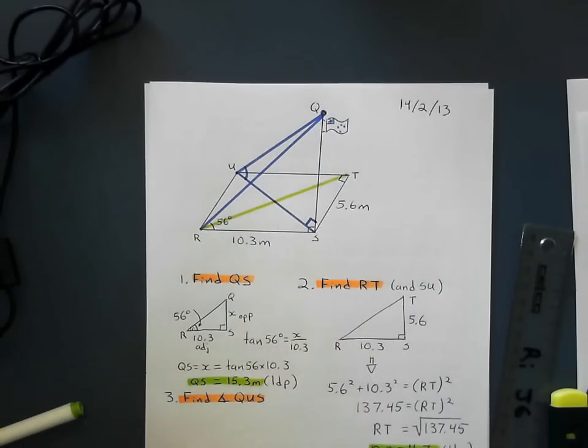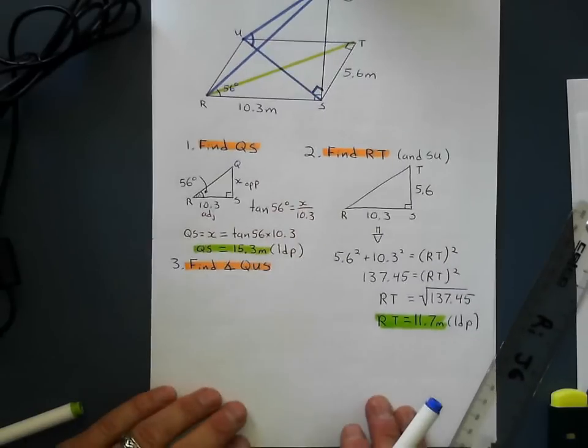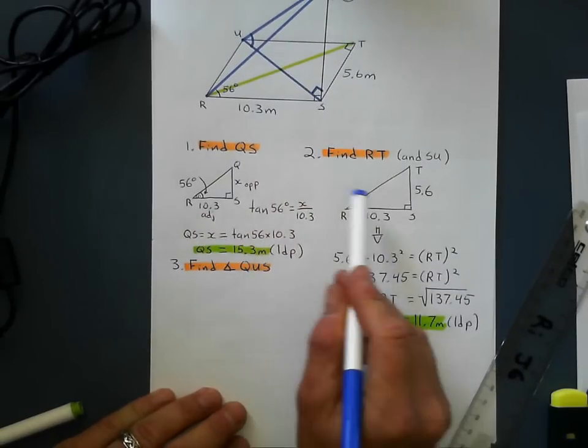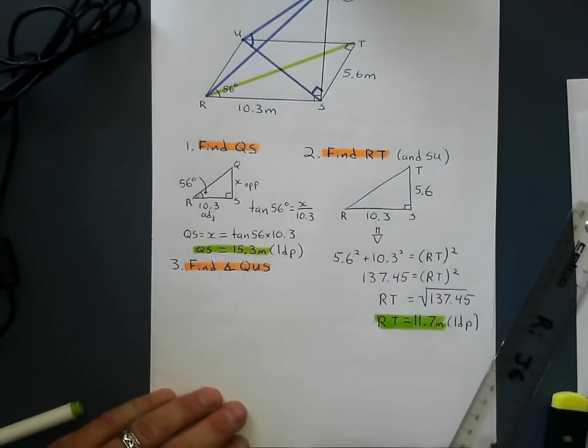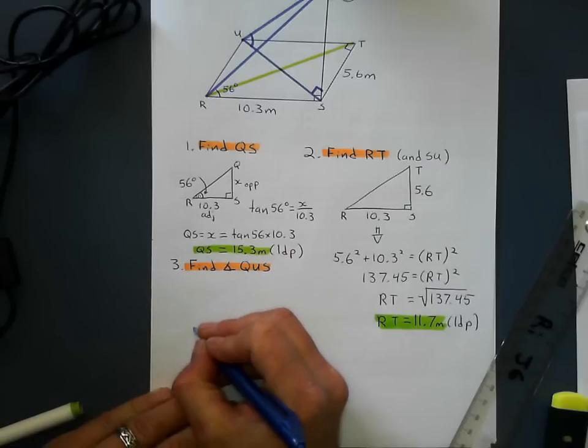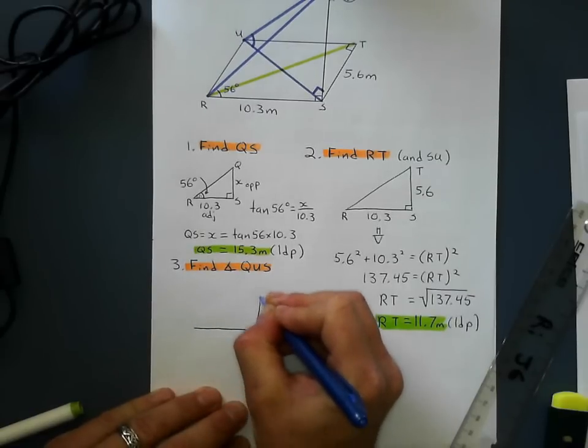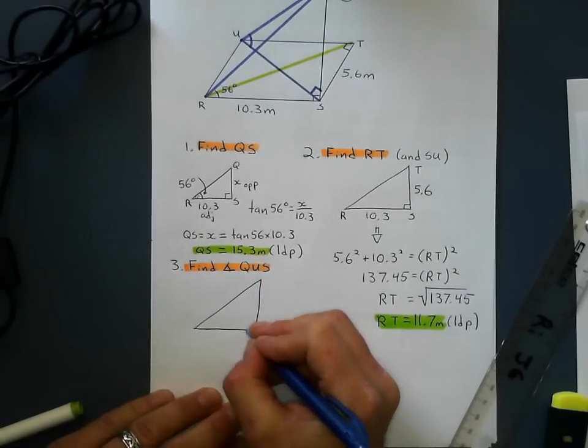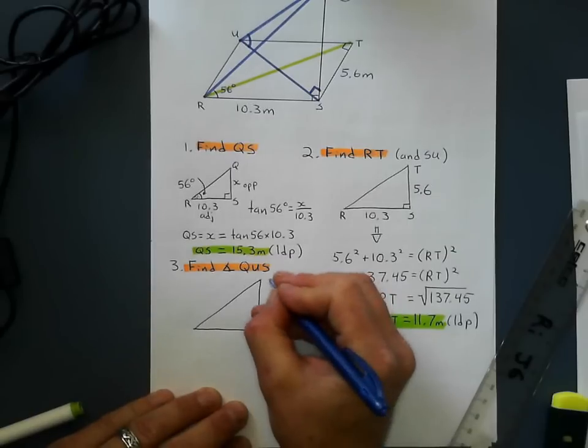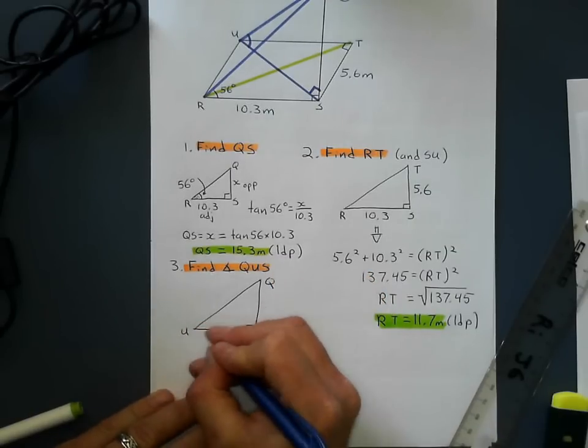So, what I want you guys to practice here always is drawing the right triangle. There's S, there's Q, there's U. That's what I want to figure out.